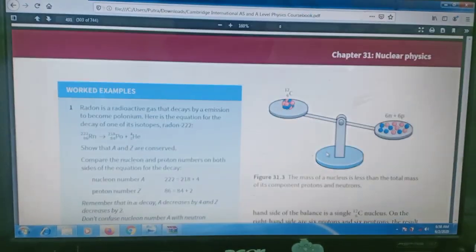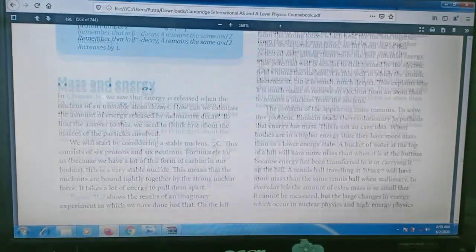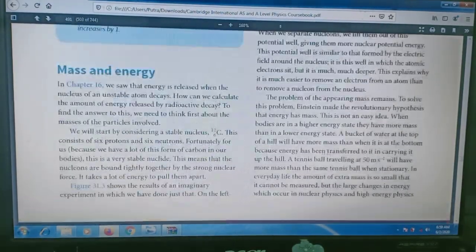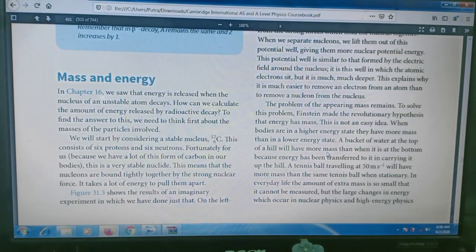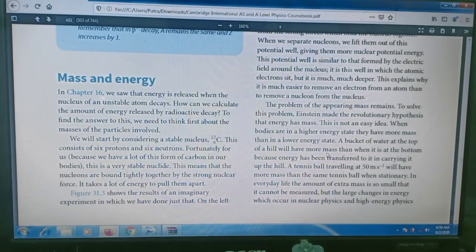Okay, now the important new thing here is about mass and energy. You guys, of course, are very familiar with Albert Einstein. Albert Einstein is the father of modern physics.